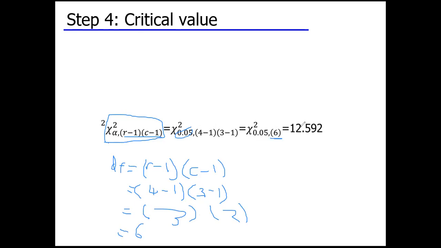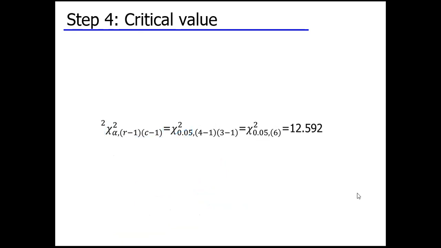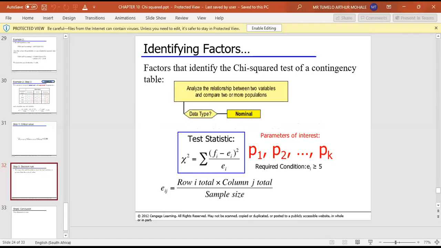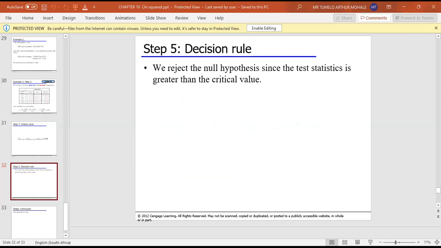So you go to, let me erase here and escape this. Why is it still presenting this? I said this. And then it's 6 and 0.05, remember? 6.